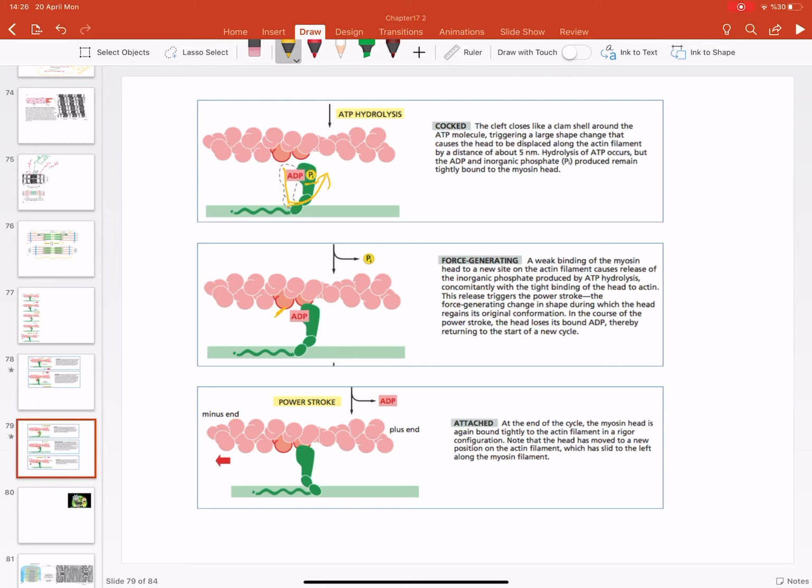So instead of this, it binds to the next actin, and then it moves. Of course, when it moves, relatively, actin is moving in the opposite direction. So step by step, from here to here, here to here, it walks on the actin cytoskeleton, and this is what we call muscle contraction.